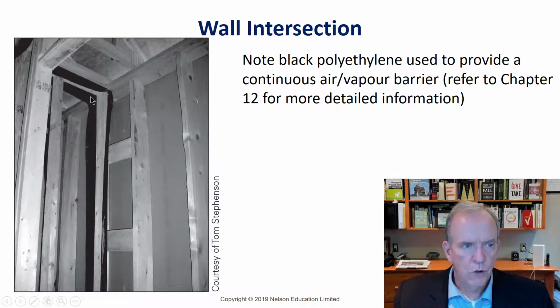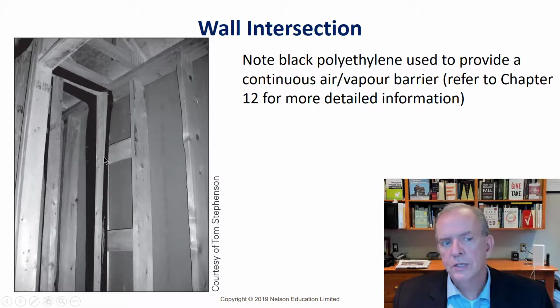Here's an intersecting wall, and this roll of black polyethylene plastic is placed on the inside, and its purpose is to form a continuous air barrier on the inside, because you're going to put other plastic later on, and you're going to seal it against this plastic with acoustic sealant. So what you're trying to do is seal the inside of the envelope so that you don't get moisture penetration going through the envelope, and that you don't get air leakage.